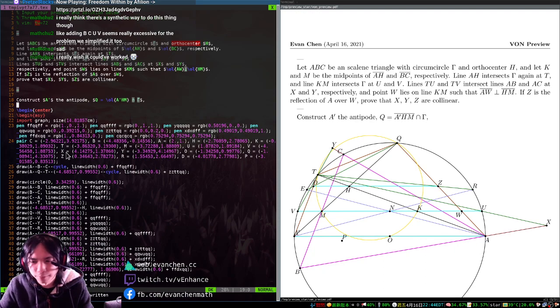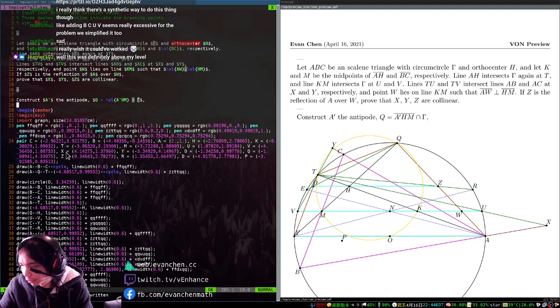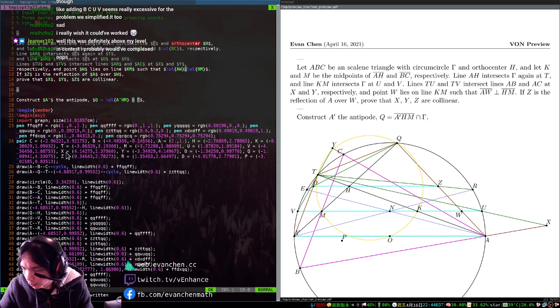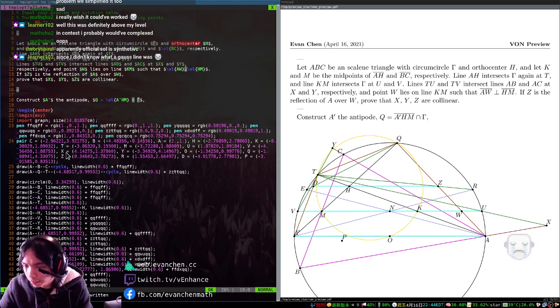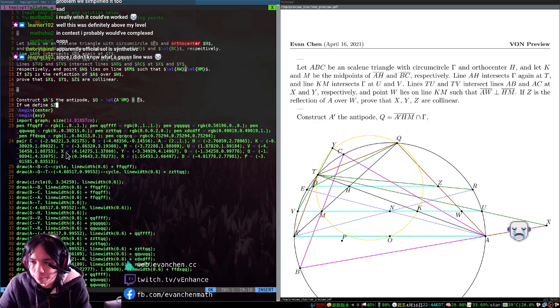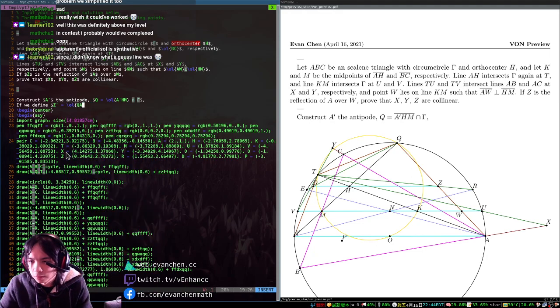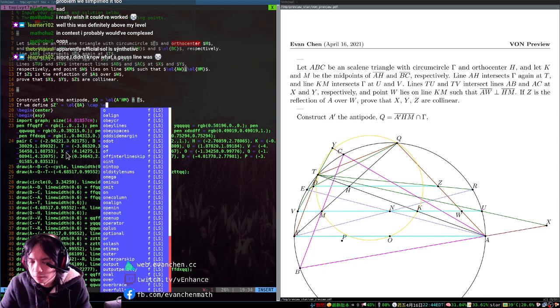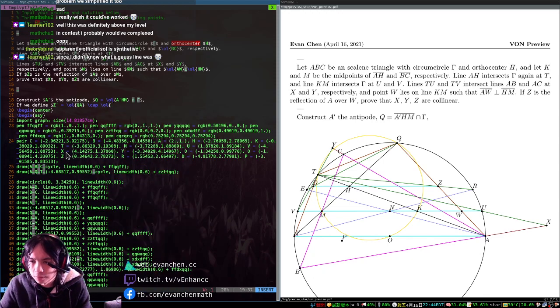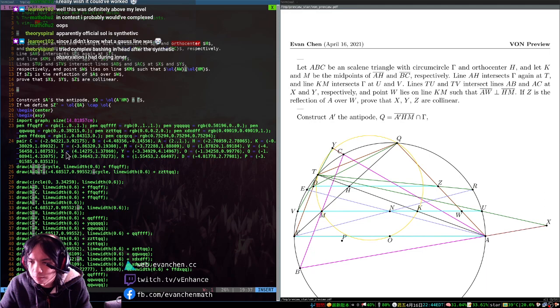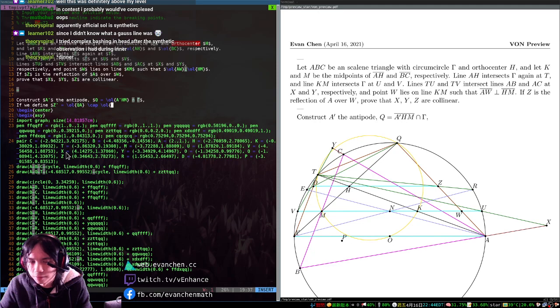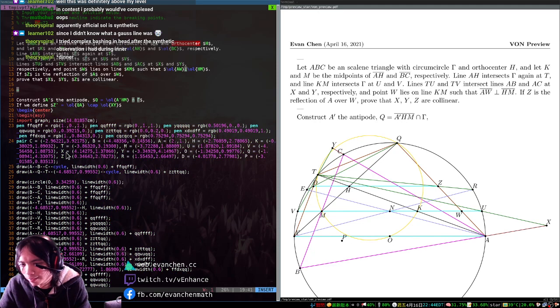Okay, so construct A prime, the antipode. The way we got rid of U and V is if we define Z prime on QA, XY, right? I didn't even draw XY in the figure.